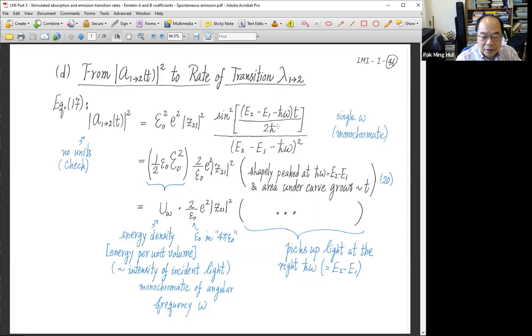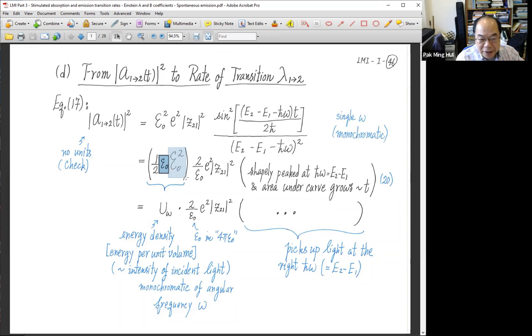But before doing that, I would like to shape it into something more useful in relation to the discussion of Einstein's theory in 1916. Now I want to make use of your E and M actually. This is the field amplitude square. So let me multiply by half epsilon 0. Now this is epsilon 0.